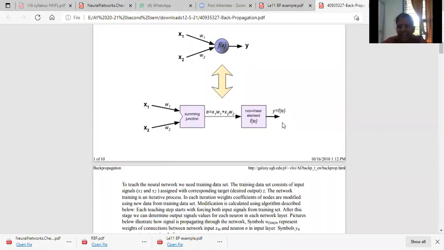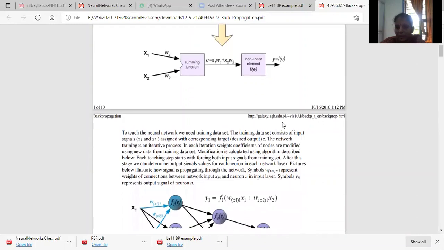So you need to train your neural network. Your training data consists of two input signals assigned with a corresponding target value. Network training is an iterative process. You need to repeat your iteration until you get your desired response. In each iteration, the weight coefficients are modified using new data from the training data set.